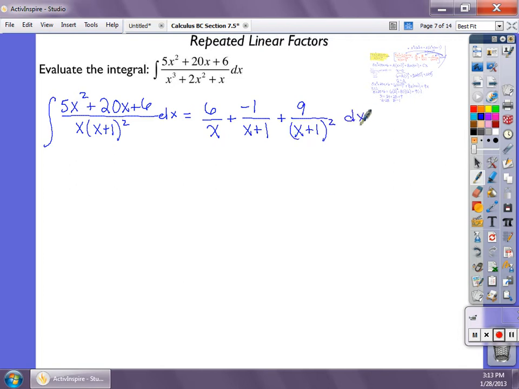And then we have our dx. So we are going to integrate all of that.